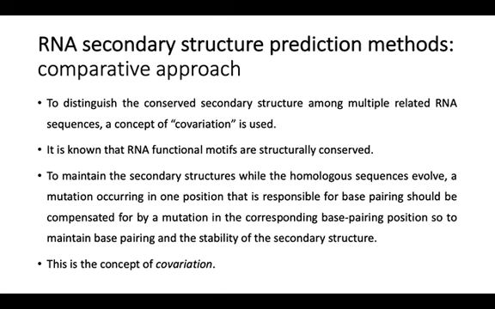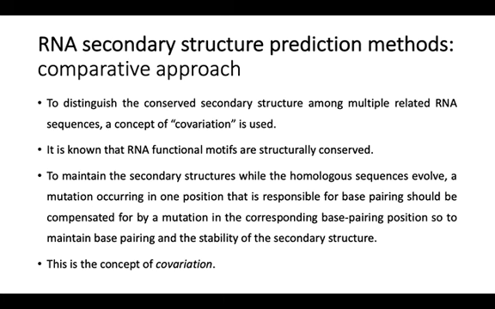To distinguish the conserved secondary structure among multiple related RNA sequences, the concept of covariation is used. It is known that RNA functional motifs are structurally conserved. To maintain the secondary structures while homologous sequences evolve, a mutation occurring in one position responsible for base pairing should be compensated for by a mutation in the corresponding base pairing position, to maintain base pairing and the stability of the secondary structure.